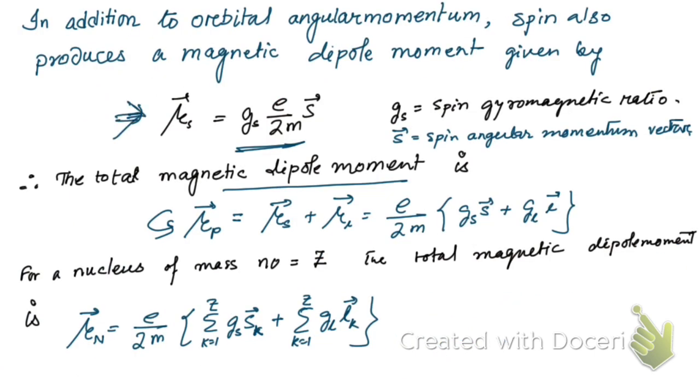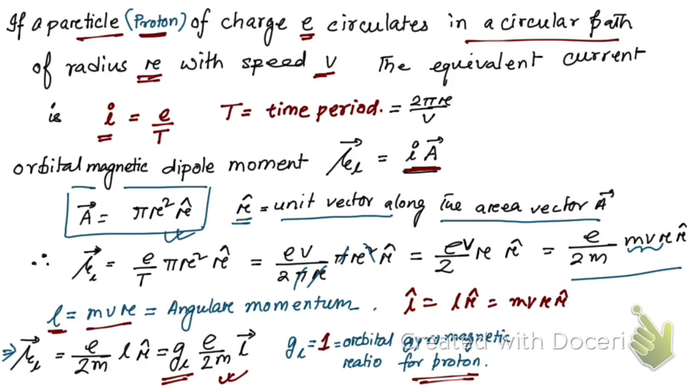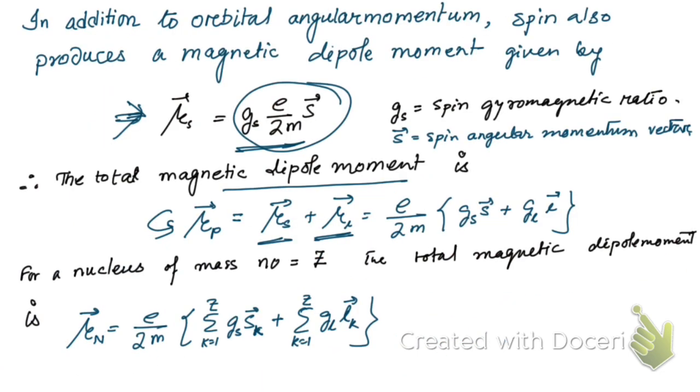And the total magnetic dipole moment will be given by the vector sum of the spin magnetic dipole moment and the orbital magnetic dipole moment. And if we use the results of this and this one, then we get this expression.